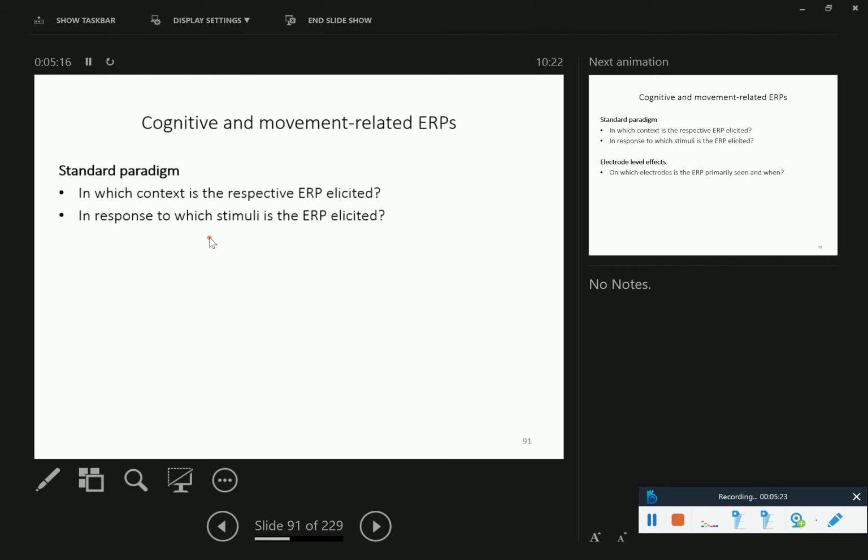I'm actually reviewing a visual mismatch negativity paper right now, and I worked with Felix on a somatosensory mismatch negativity. So they exist often over the sensory modalities, but the context then is important.